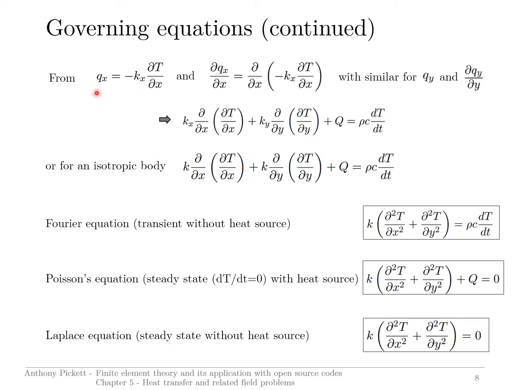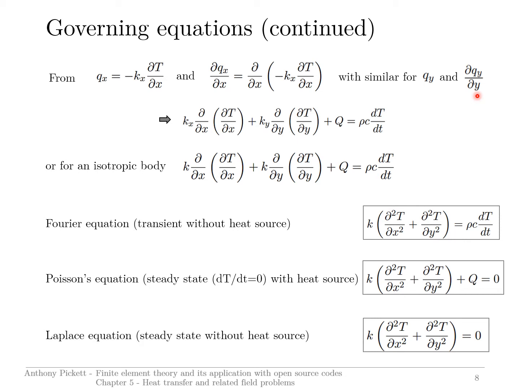For this simplification, we note qx is equal to this and qy is equal to something similar but in the y direction. The differentiation of that leads to this expression here. And as I say, we have similar expressions for qy and the differential of Qy with respect to the y direction.